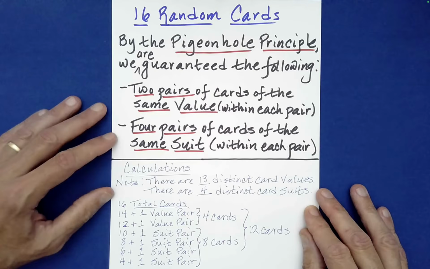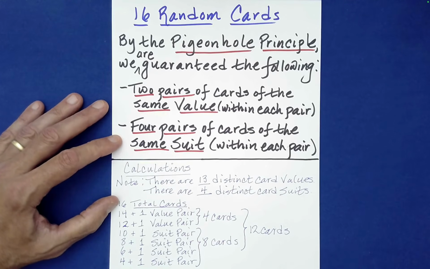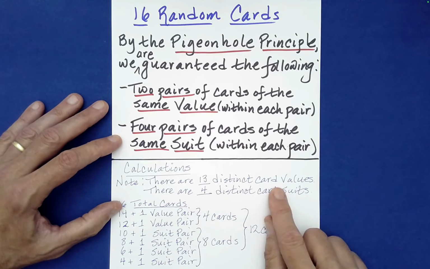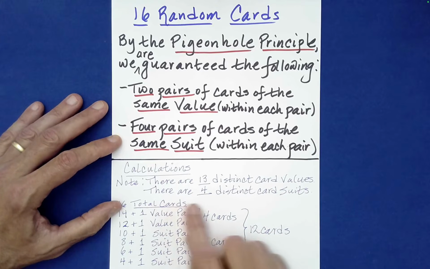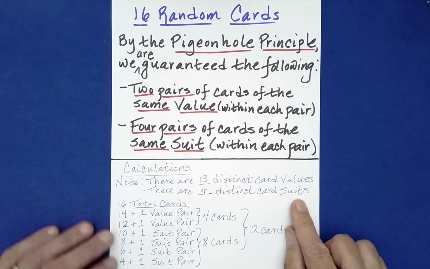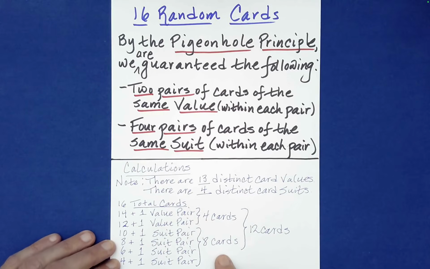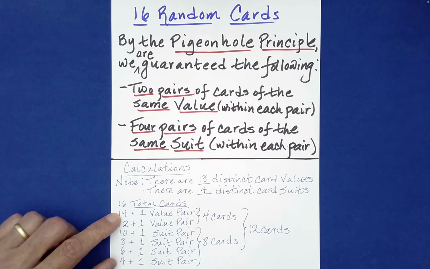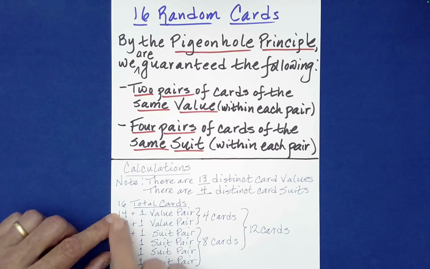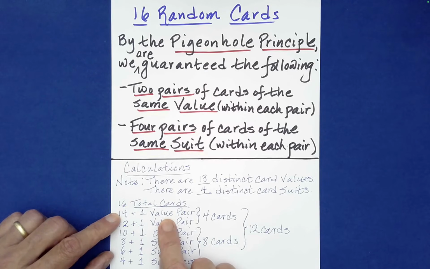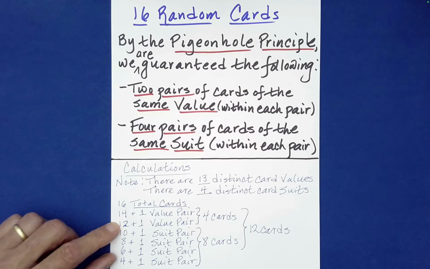And then for those who want to look at the calculations, there are 13 distinct card values, 4 distinct suits. And so what I've done here is just shown step by step what we know we can plan on being true. Namely, among the 16, there will be at least one pair that matches in value. You pull those out, leaves you with 14. Among those 14, there will still be one pair of cards that match in value.